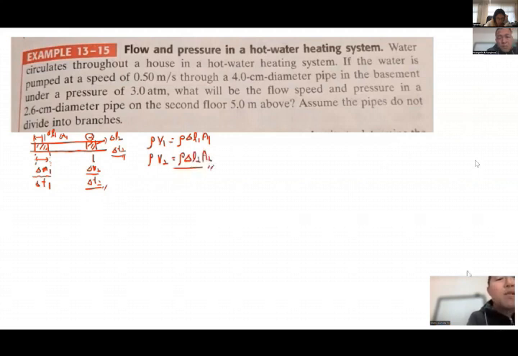Because this fluid is assumed to be incompressible, the density must not be changed, so the rho should be the same. So this amount of mass rate in a given unit time must be conserved at different spots of the pipe, as long as the fluid passes through at the same rate. So delta M1 over delta T1 should be the same as delta M2 over delta T2.